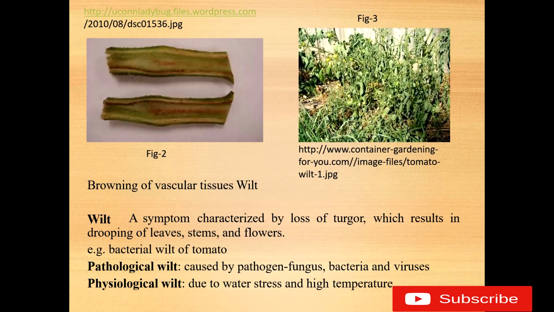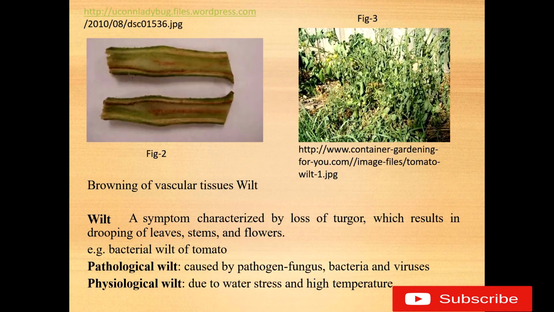The turgor pressure keeps the leaves in their proper position. Once it loses the turgor pressure, it may cause the drooping of leaves, stems and flowers. That loss of turgor pressure is known as wilting.